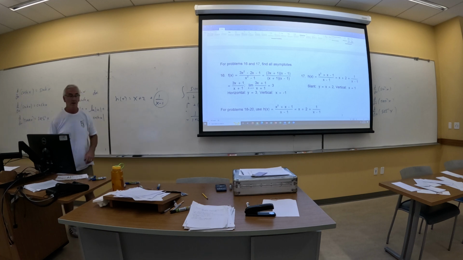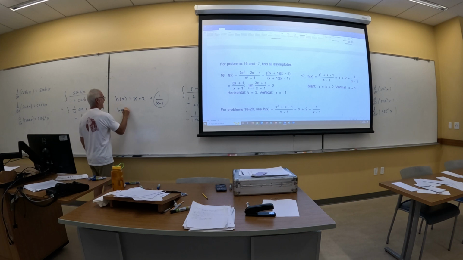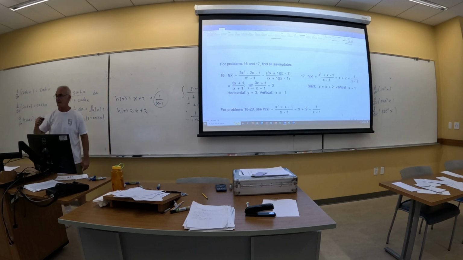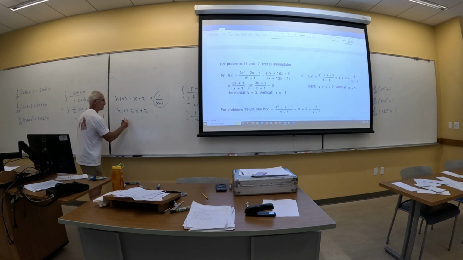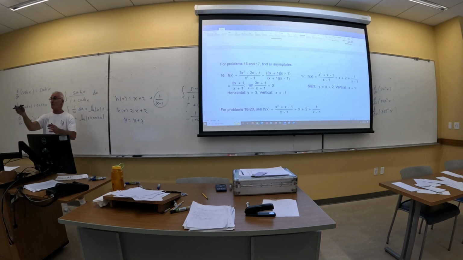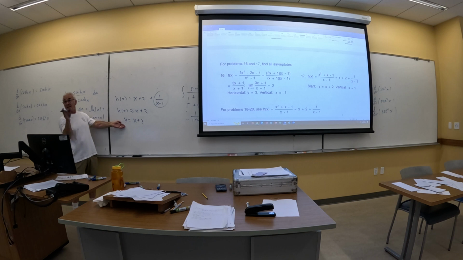We've done this before. This is a correct mathematical statement. This function is asymptotic to this line, but the function is not the line. I have not stated my asymptote yet, but I've told you what the asymptote is. The asymptote, therefore, is the line. H of x is not a line. It's asymptotic to a line. So I want you to tell me what the actual line is.